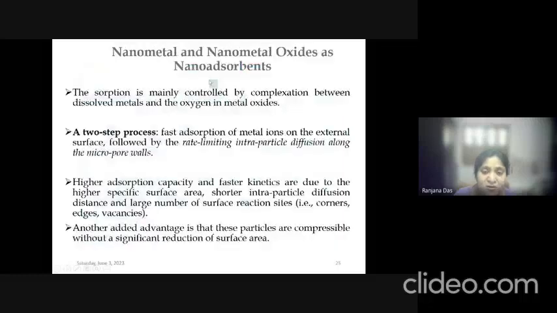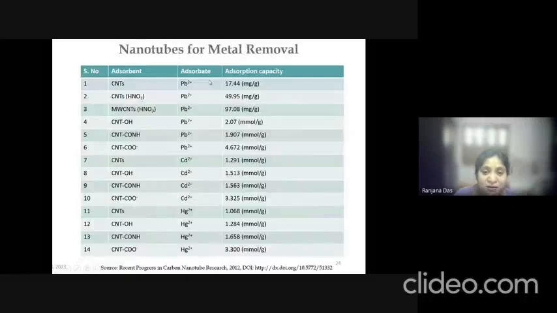And not only that, any type of organic molecules can also get absorbed because of the presence of these functionalized groups. They can also be removed by this CNT process.